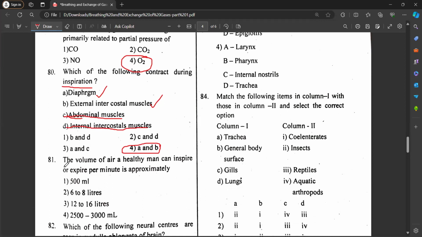Next. The volume of air a healthy man can inspire or expire per minute is approximately 500 ml, 6 to 8 liters, 12 to 16 liters, 2500 to 3000 ml. Therefore, that is 6 to 8 liters. Or they may ask like this. They may give this as 6000 to 8000 ml.